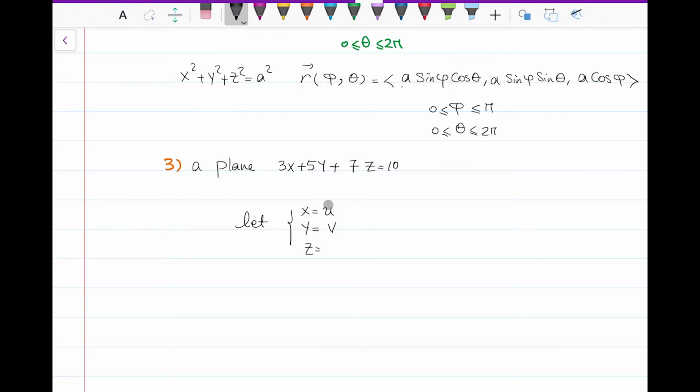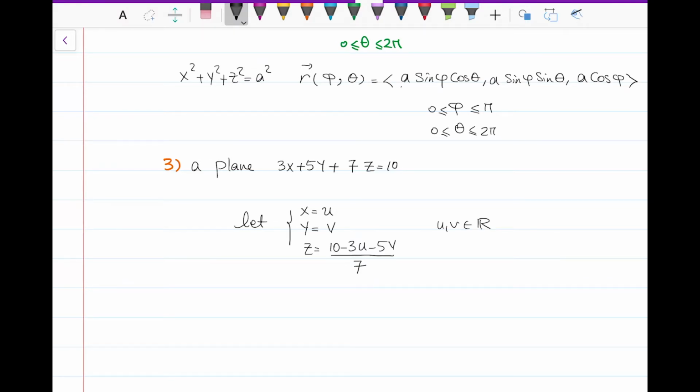To write z in terms of u and v, I need to isolate z. So it would be 10 minus 3x, x is u, minus 5y, y is v, divided by 7. Okay, and in that case, u and v are both in R. That's the equation of a plane.